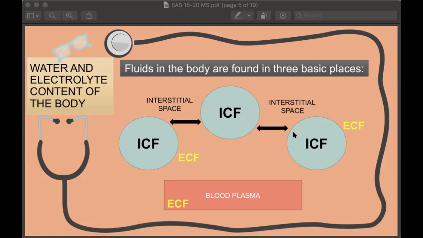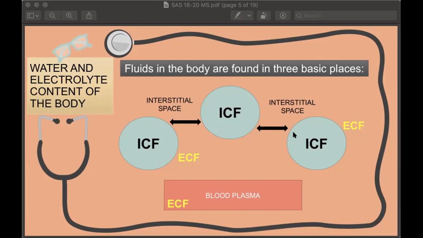First, let's start with the word ICF. Here, ICF actually means within the cell, or the intracellular fluid. Clear? Now, as you look closer, the yellow ones are outside the ICF. That is what we call the extracellular fluids.